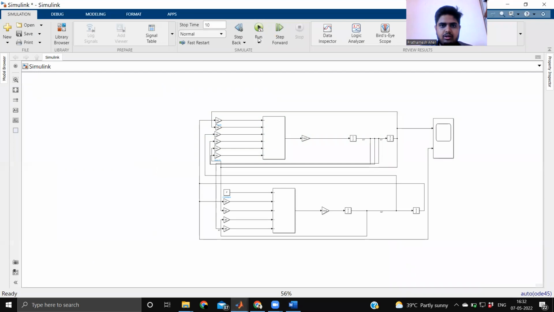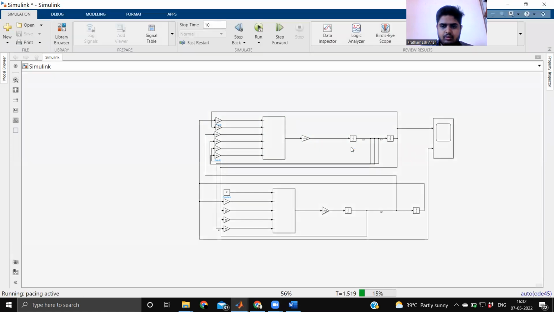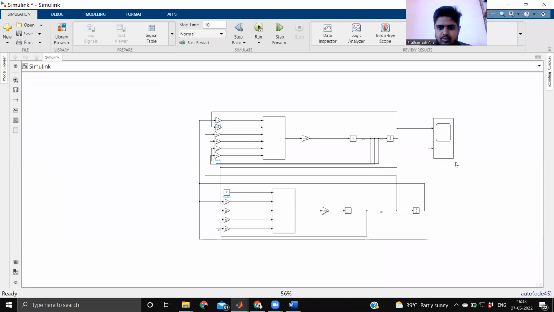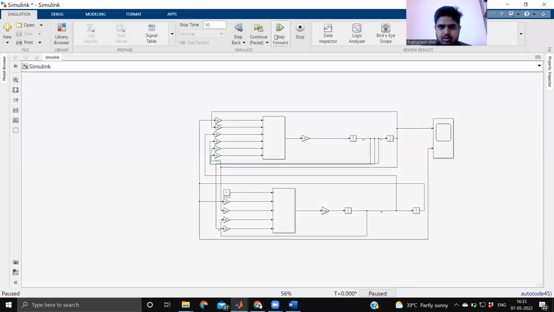This is how to run this block diagram. You see this block diagram running, with the step going forward.